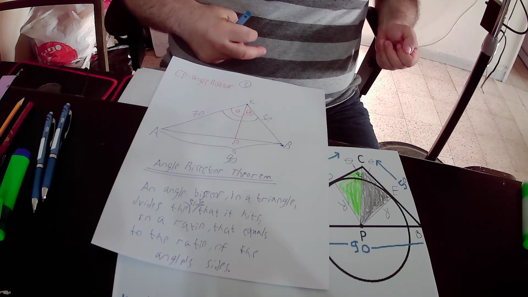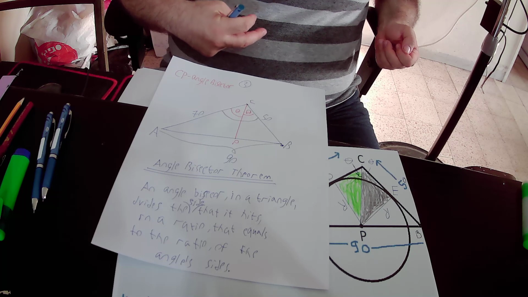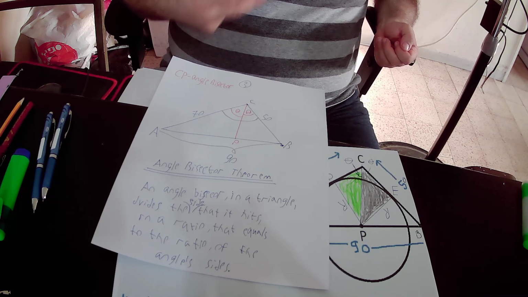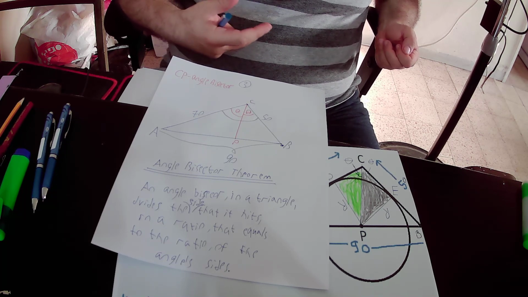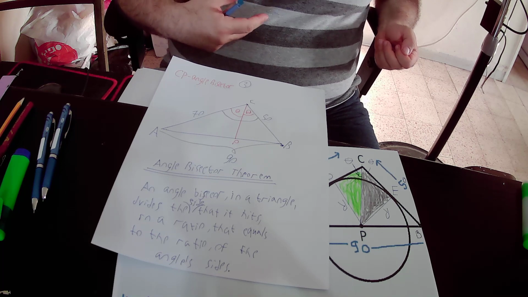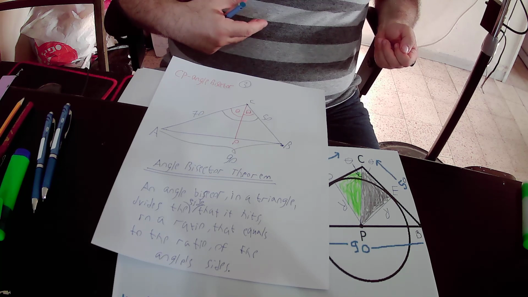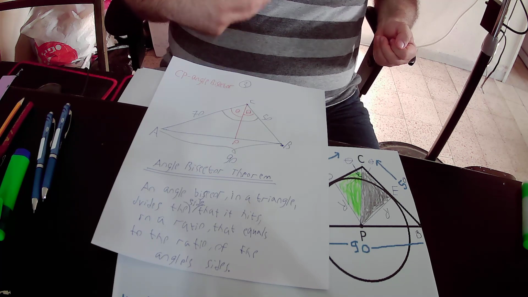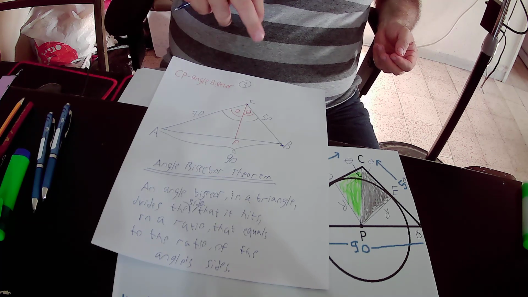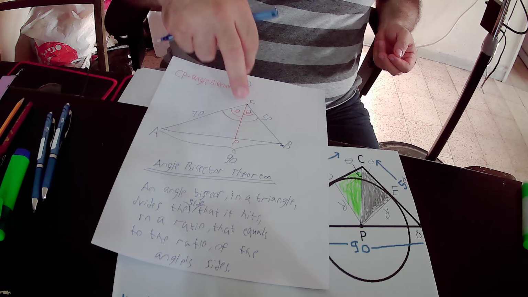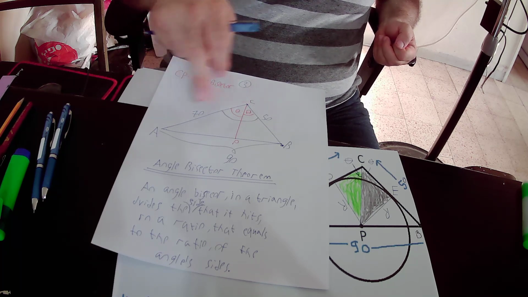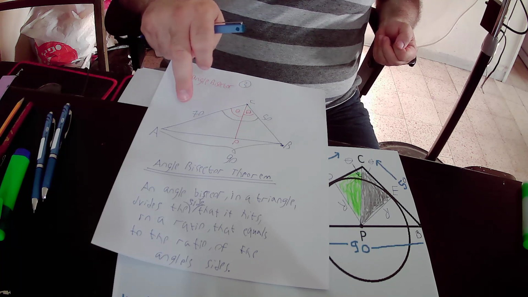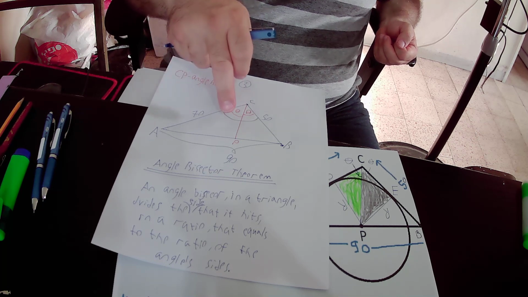So AC over CB is the ratio of the angle's sides, and that ratio equals the ratio that angle bisector CP divides side AB, that is to say AP over PB.